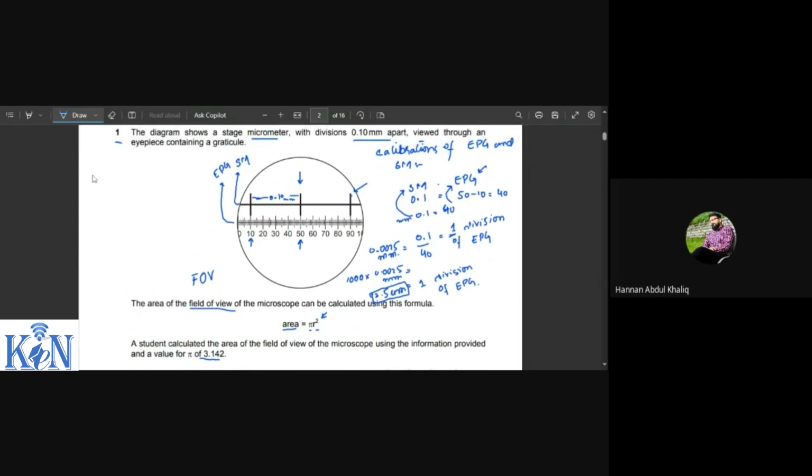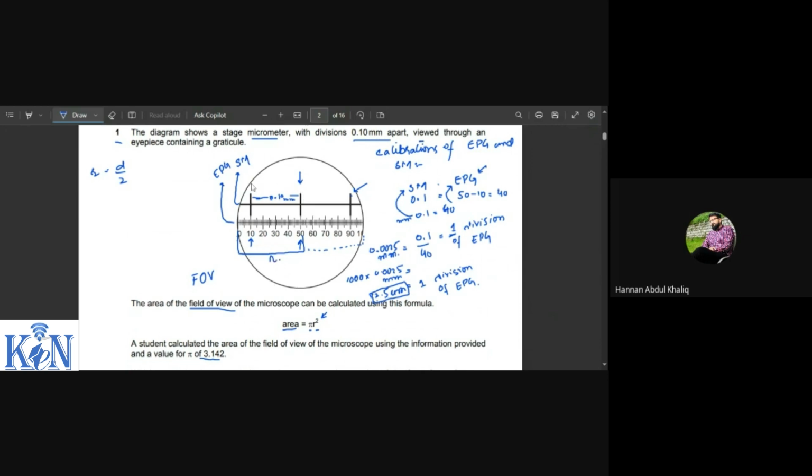So now we need to know the radius. Obviously, the radius is equal to diameter divided by 2, which means half the diameter. If you see the field of view, it's starting from 0 and ending in 50 according to radius. I'm not saying the diameter would not go ahead. The diameter would go ahead, no doubt, but we just need to know the radius.